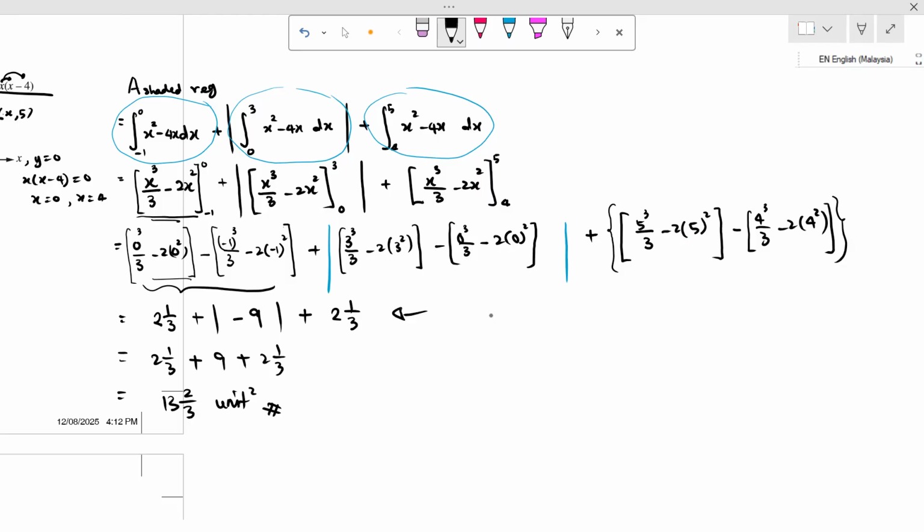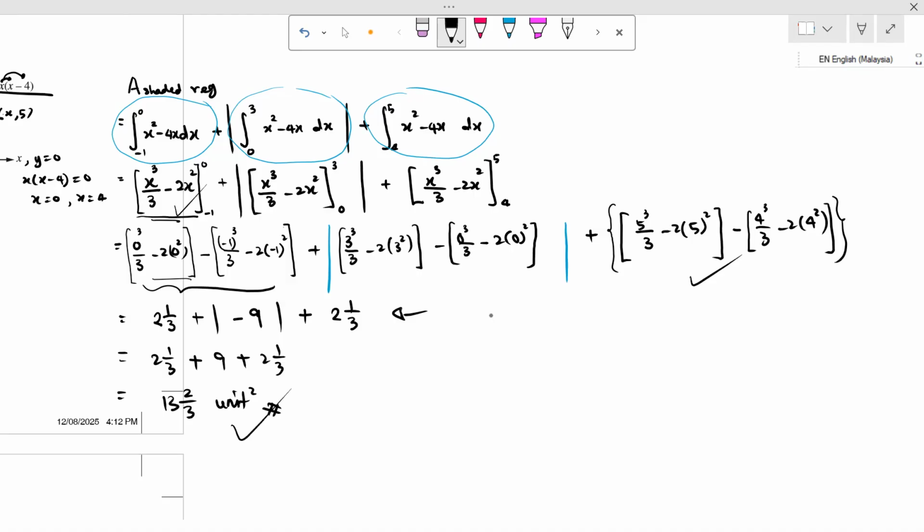After all, no marks for the detail working in between. But there is mark for substitution of the upper boundary minus away the lower boundary. So the marks will be given for your correct integration, and either one they will see, you sub in upper boundary, lower boundary, 1 mark here, and the final answer 1 mark.